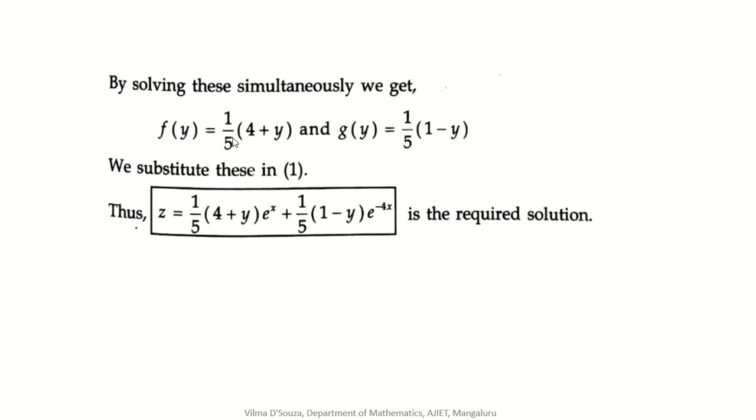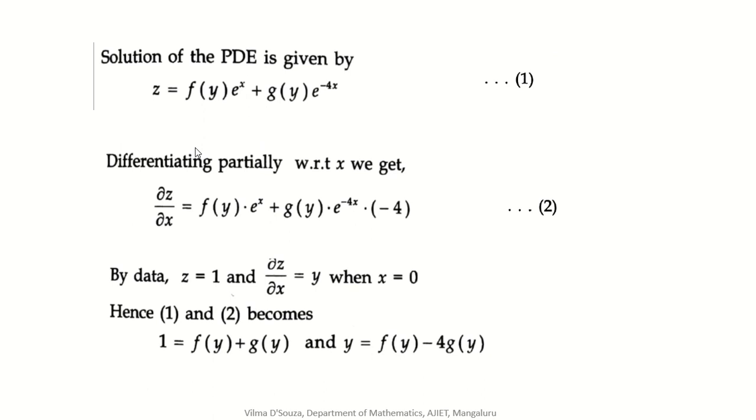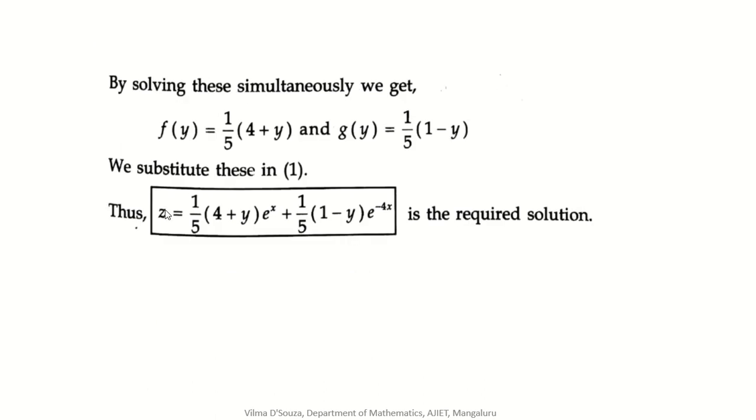So you have f(y) is equal to 1 by 5 into 4 plus y, and g(y) is equal to 1 by 5 into 1 minus y. So substitute what is f(y) and what is g(y) in your equation 1. Go back and see what is the equation 1. So z is equal to f(y) e power x plus g(y) e power minus 4x.